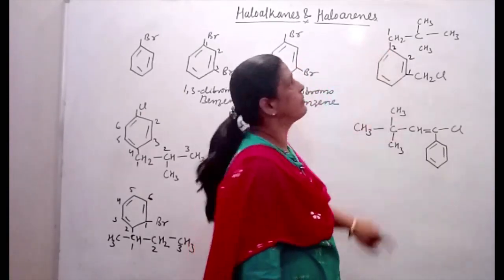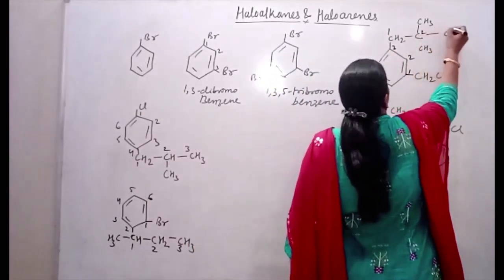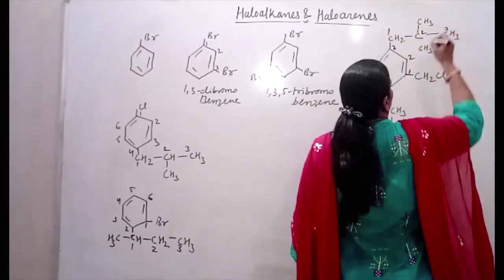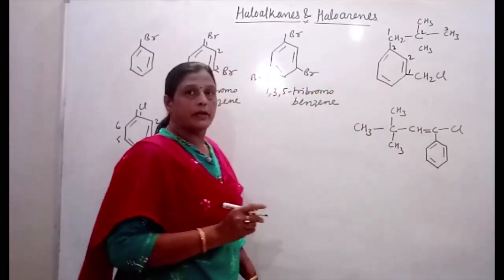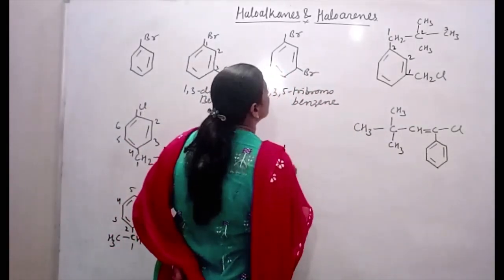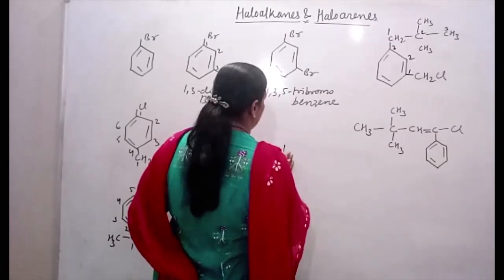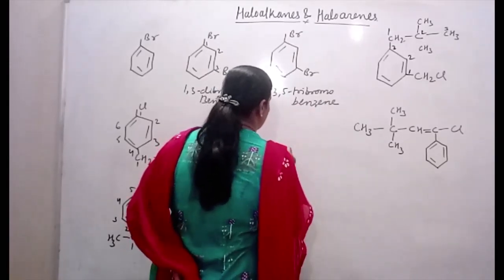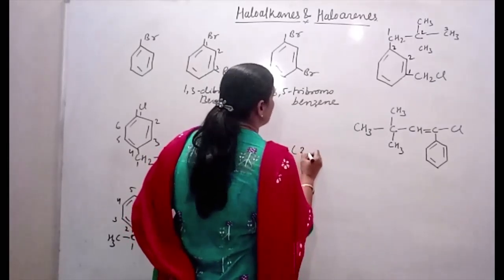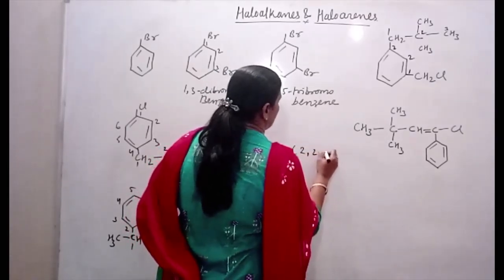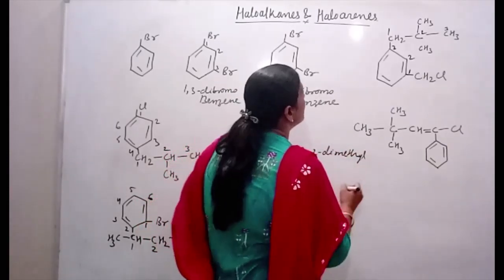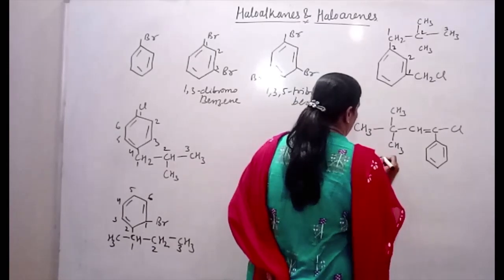First of all, we give the name of the substituent group so that it will be easier for us to attach the name. 1, 2, 3, dimethyl propyl.